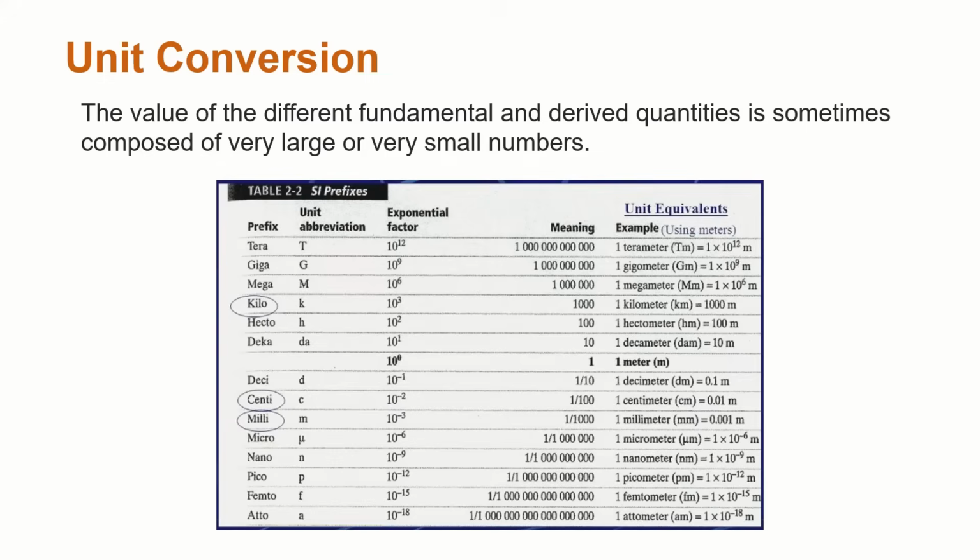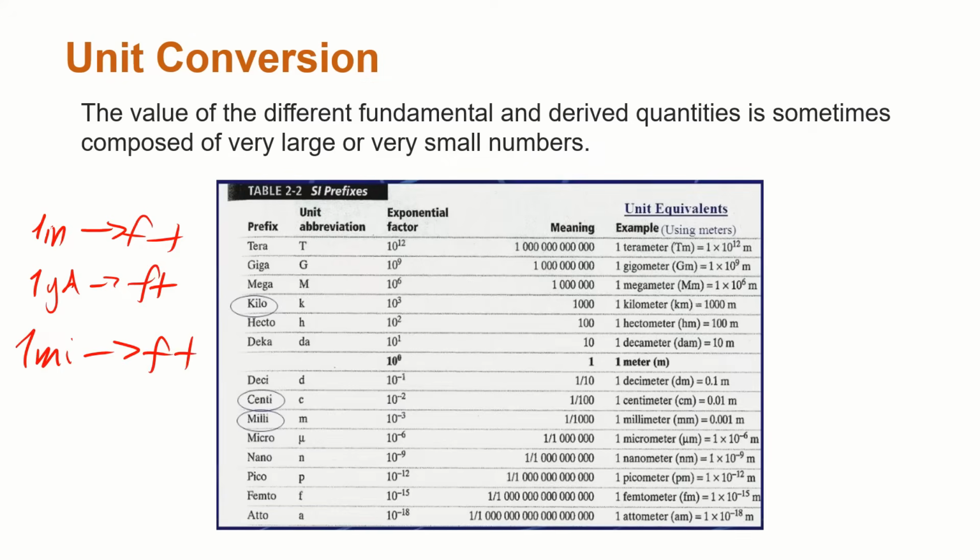For example, in the English system, if you want to convert inches to feet, or yards to feet, or miles to their equivalent in feet.